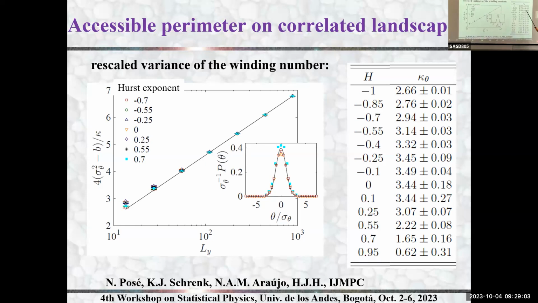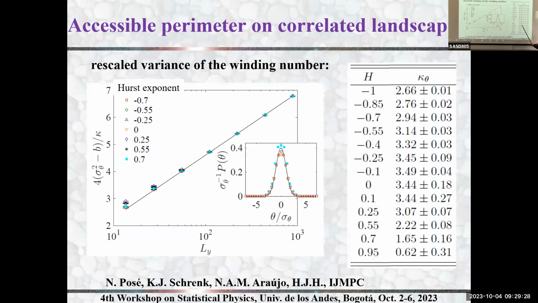Kappa should go from 4 to 6. No, I don't know what's going on. Sorry, no, it's not accessible. Accessible goes from 2. Okay, so this should be okay. This is 8/3 to 4. This is what it should be.